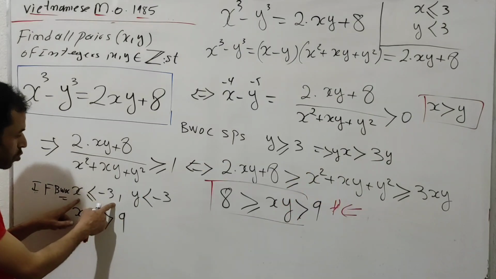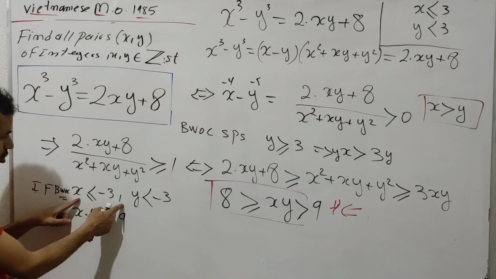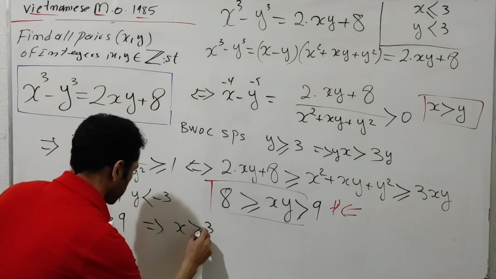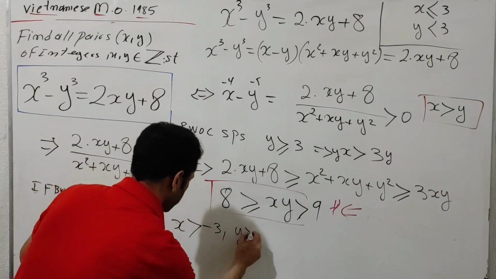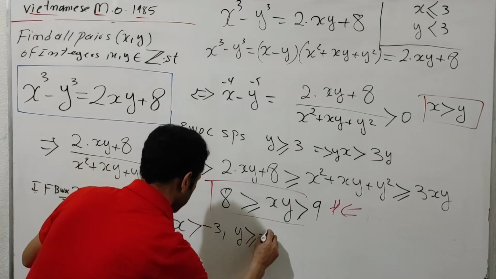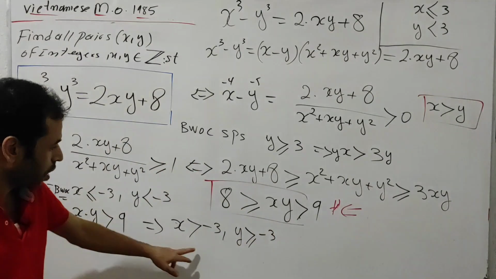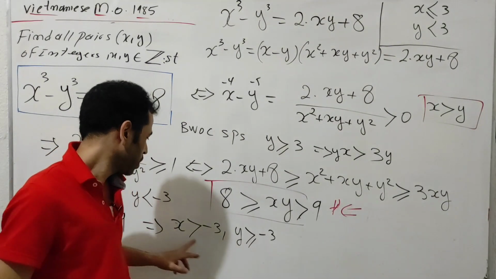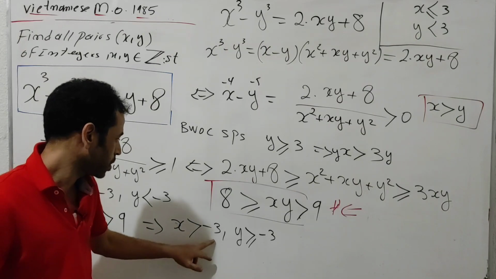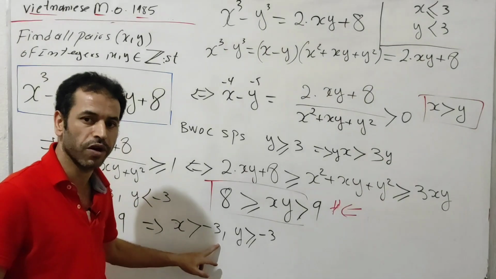That means our assumption was not true, okay? By way of contradiction, that means x is strictly superior than minus 3, and also y is superior to minus 3, okay? Because x is always bigger than y, y can take minus 3, but x cannot take minus 3, it takes minus 2 as a minimum value, okay?